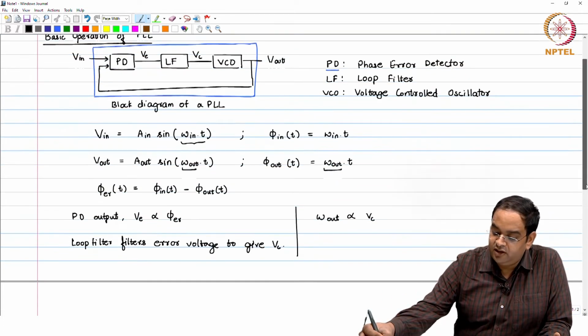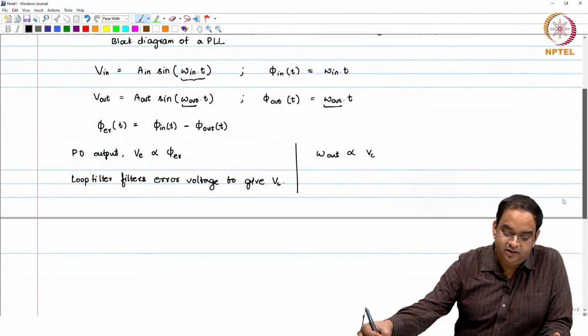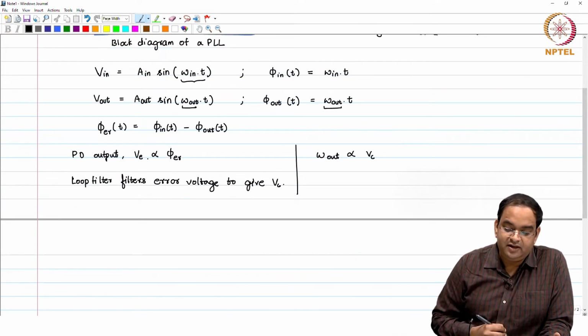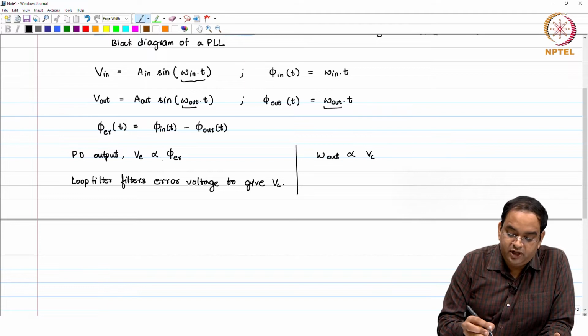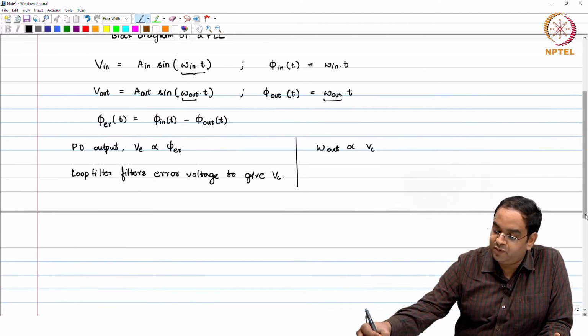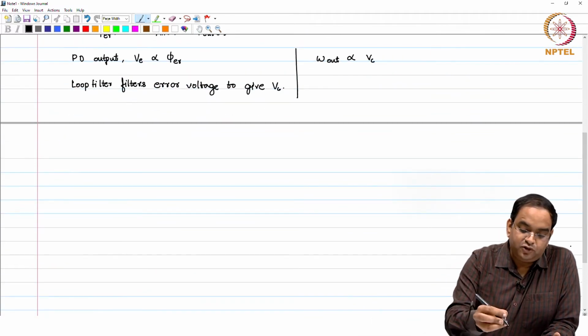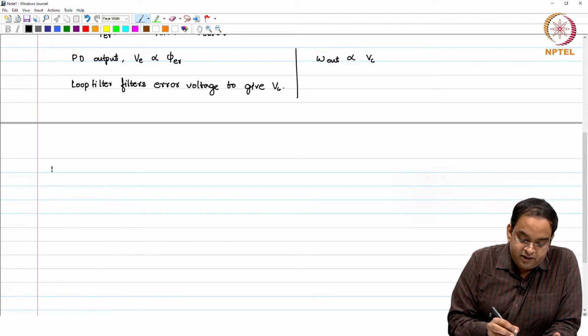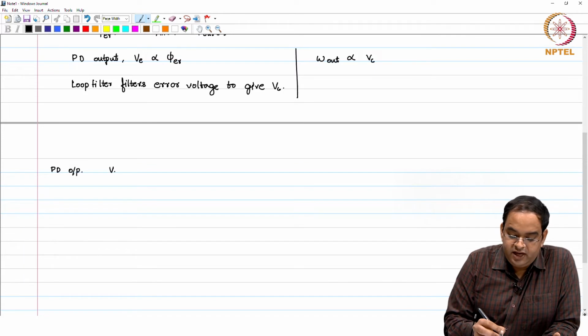So, first one was the phase error detector. As I said, the phase error detector gives you a voltage proportional to the phase error. You can think about it that the PD output V error is proportional to phase error.